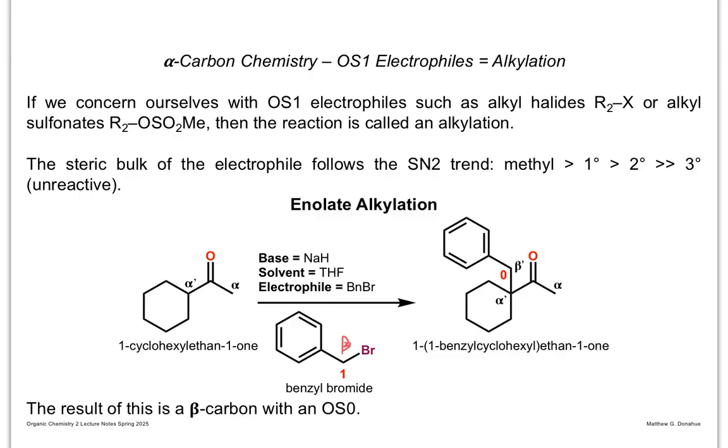So with this unsymmetric ketone, you have alpha and alpha prime, and then sodium hydride again is going to form the thermodynamic enolate. So that's the one that's more substituted. And then we're treating with benzyl bromide, so that's a good electrophile. And that H that's there gets substituted for this whole group.